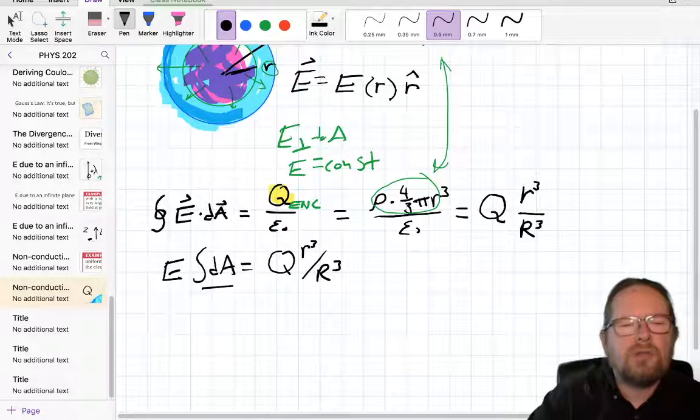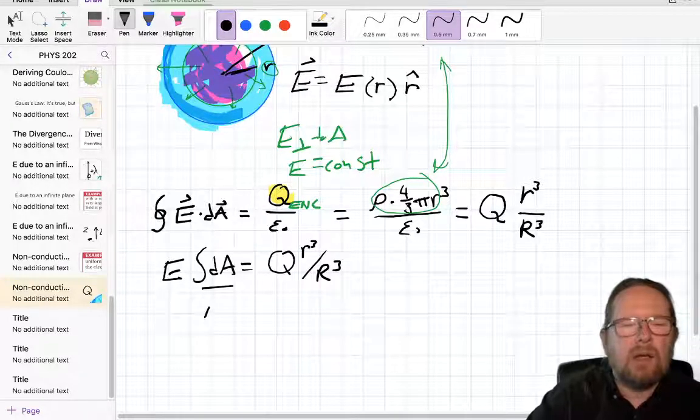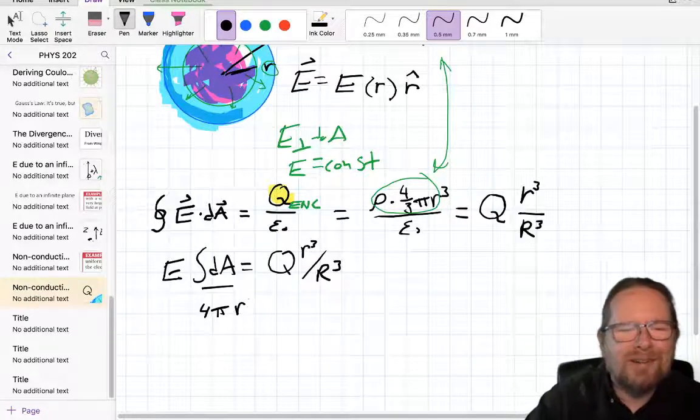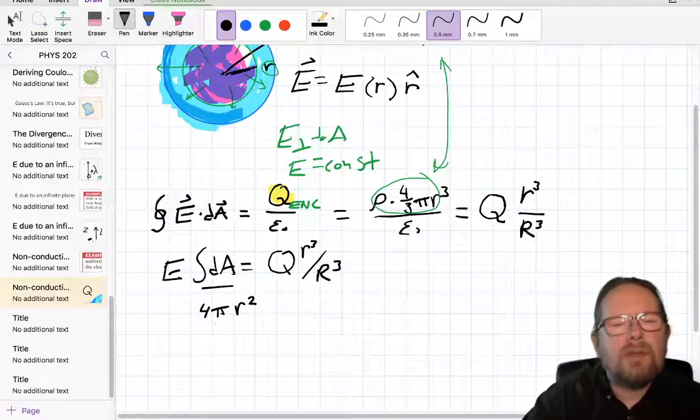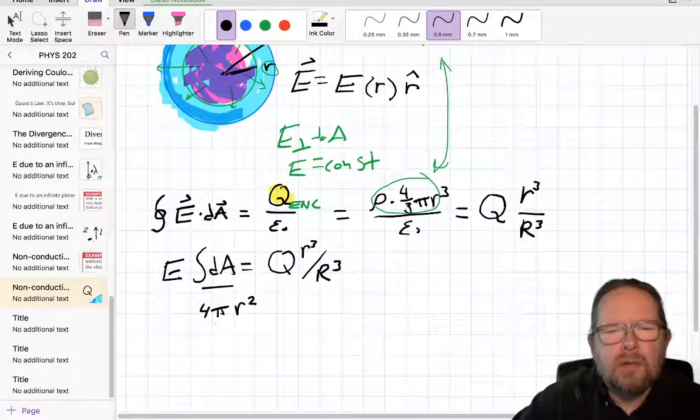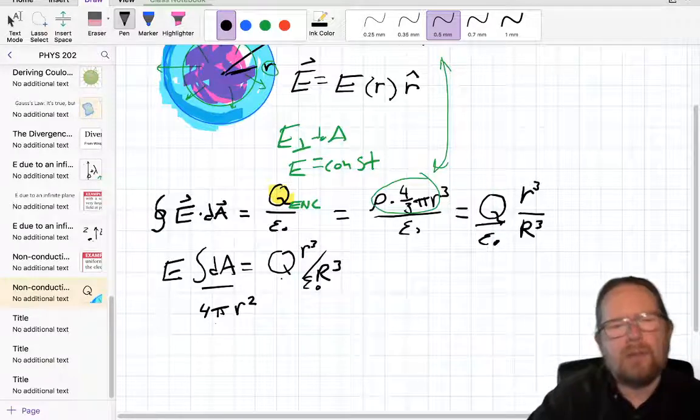This is just the surface area of that Gaussian surface, which is 4 pi r squared. And this gives us... Oh, I lost an epsilon naught over here somewhere. Epsilon naught. I'm so concerned with my volumes, I lost my little constant.